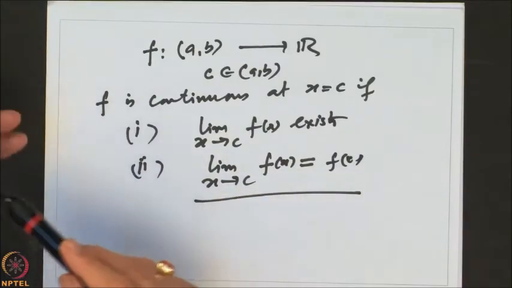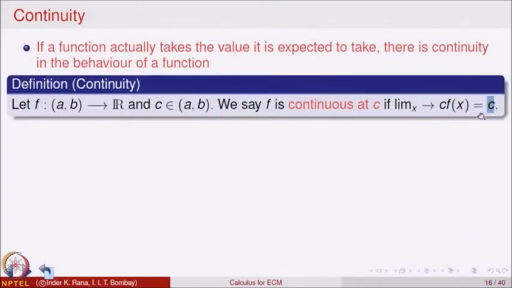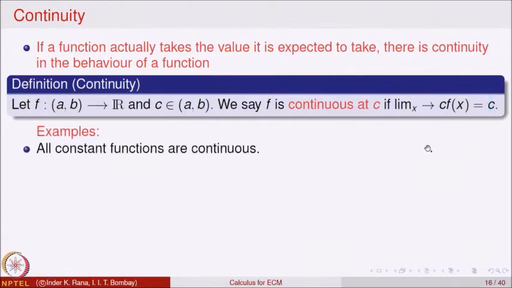So, this is the concept of continuity of a function at a point. The typo here is that the formula should be written properly as the limit of f of x as x goes to c is equal to f of c.